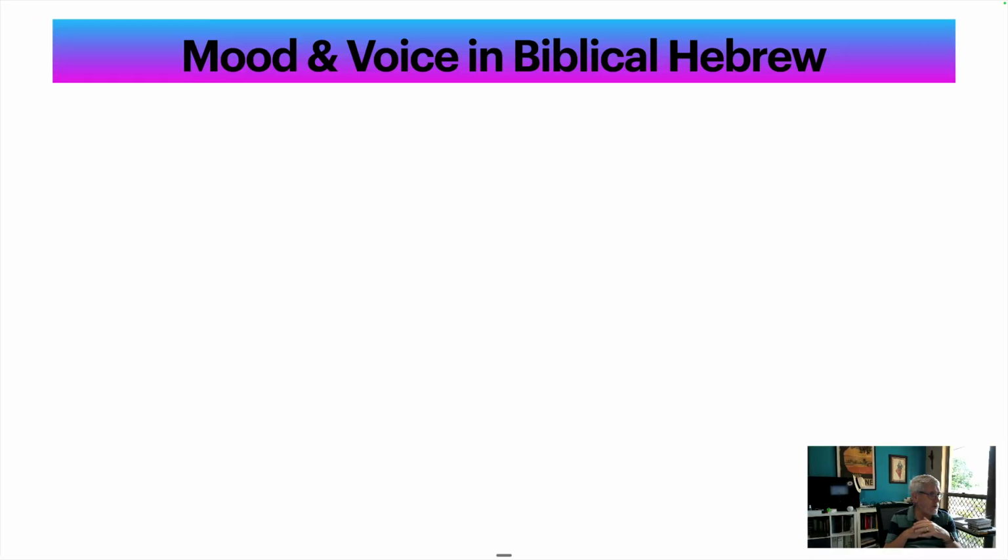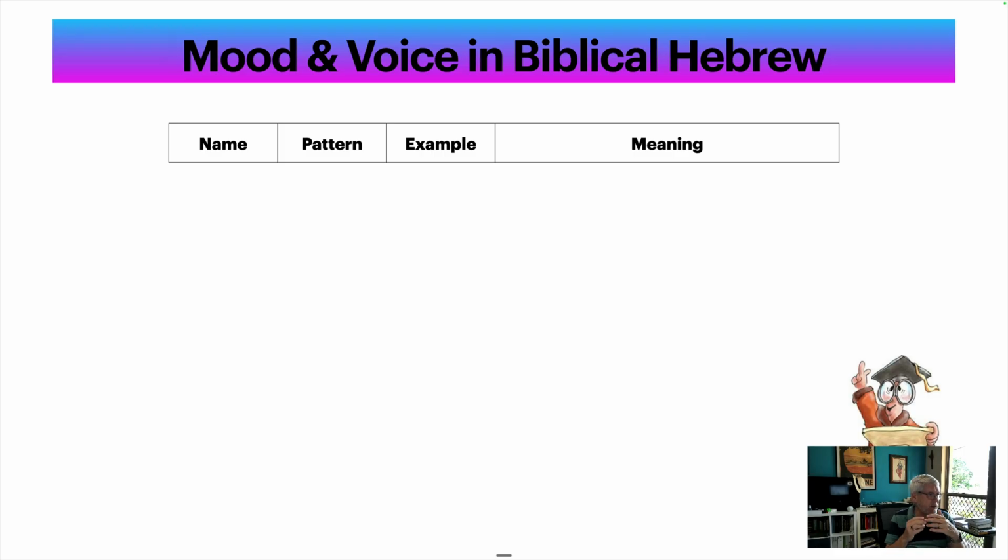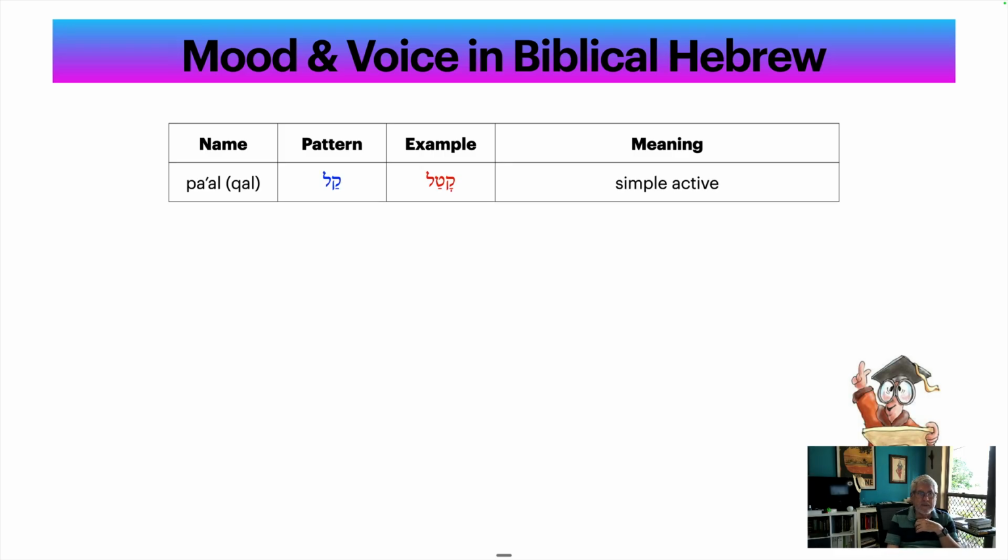Now, when we transfer those sorts of dynamics of language across into Biblical Hebrew, we're starting to run again into our friends the binyanim, the different forms, the different conjugations, if you like, of the Hebrew verb. So we've got qal, which is a simple active form of the verb.